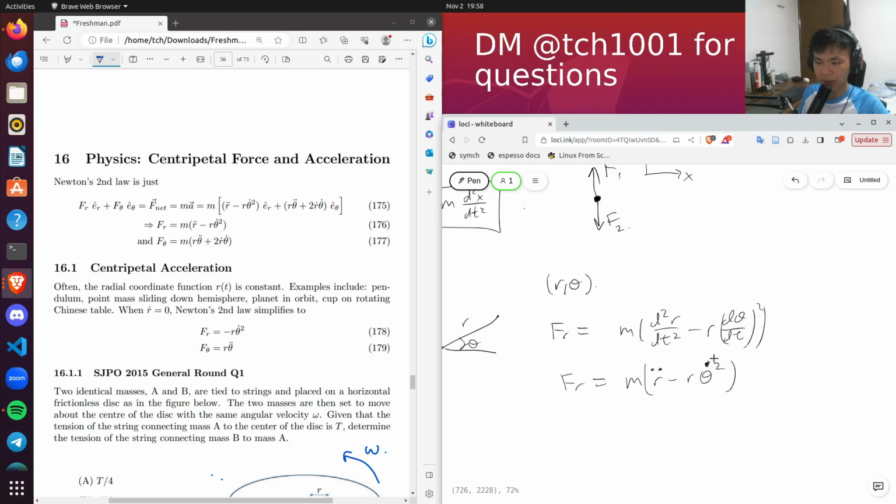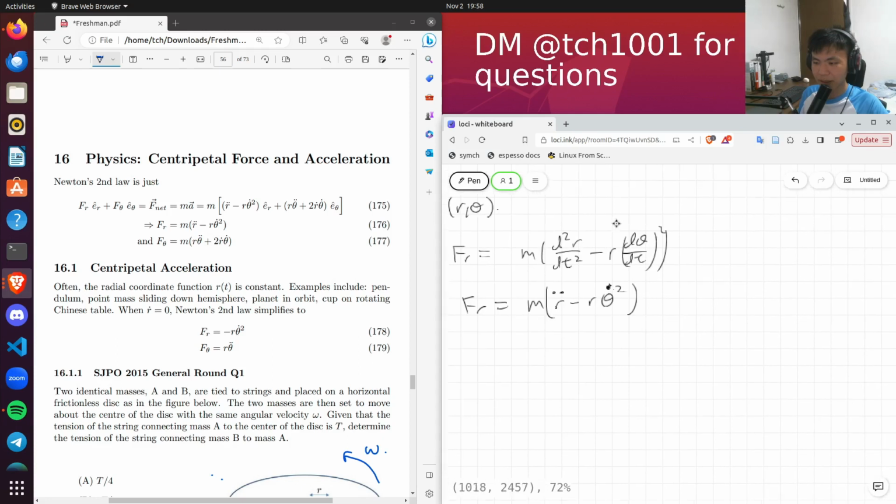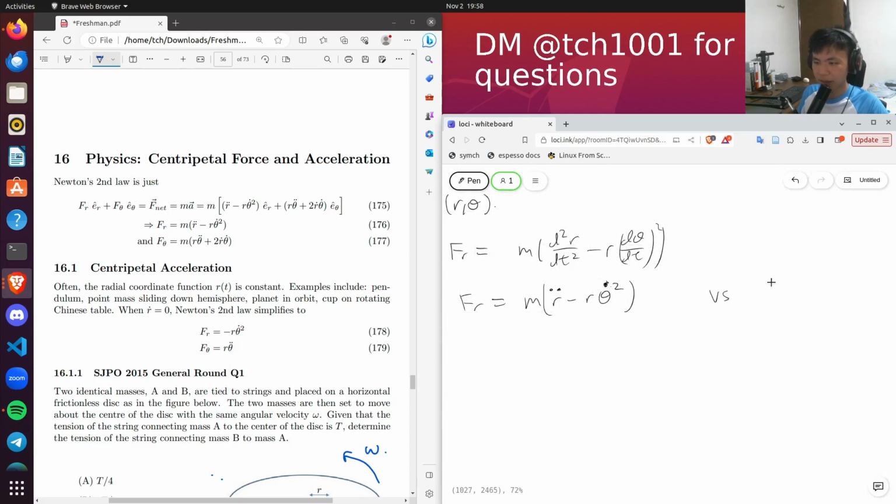This is a bit different now. Previously, let's compare this equation versus F of x equals m x double dot. This told us that if my x coordinate is a constant function of time, then that implies that F of x equals 0.